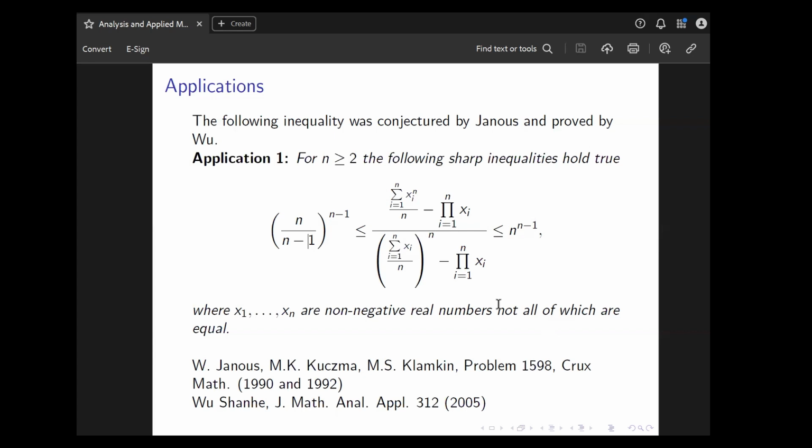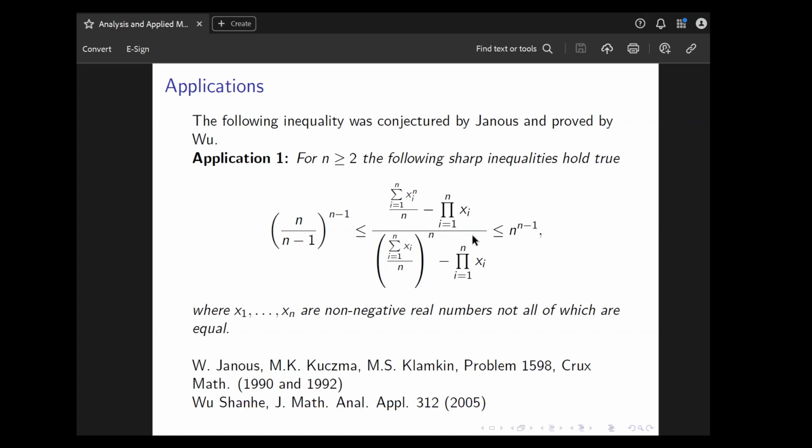Wu refers to an open problem by Janusz in the problem solving journal Crux Mathematicorum. And it was discussed there and conjectured that probably this inequality is true. It was proved by Wu in 2005 after 15 years of its publication.